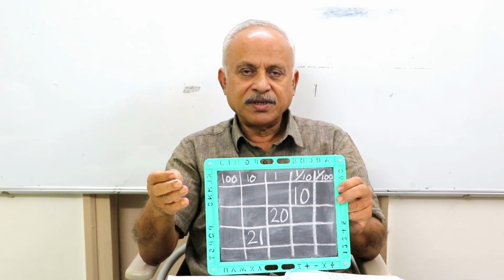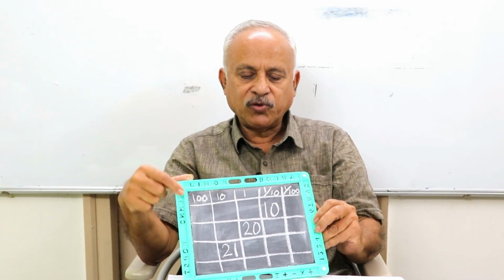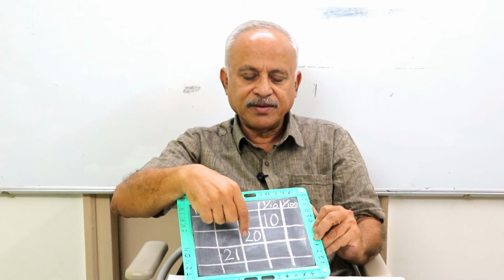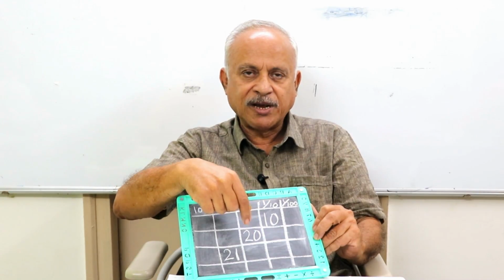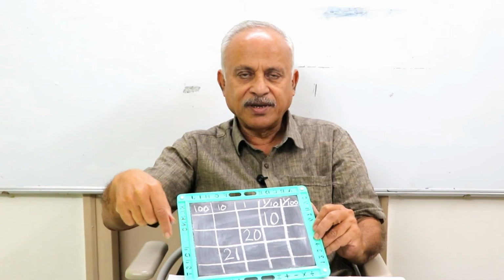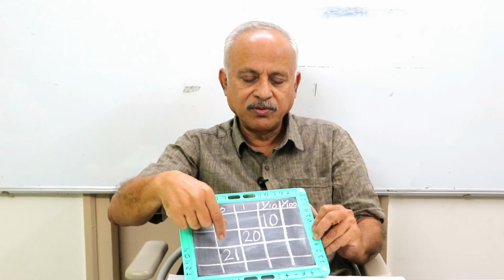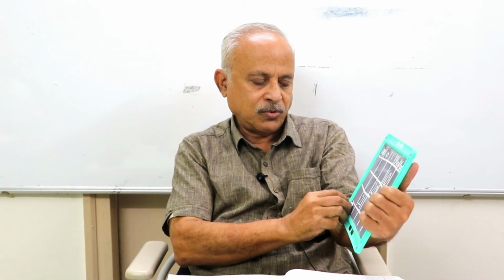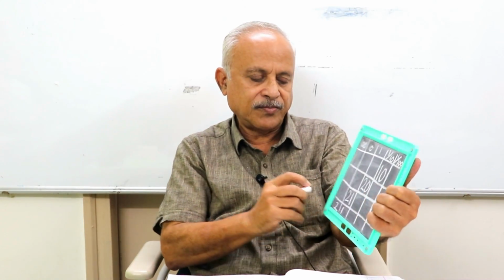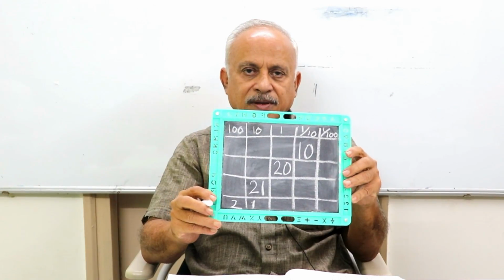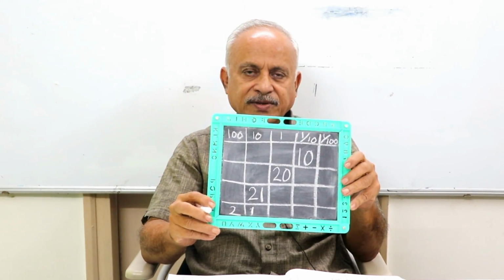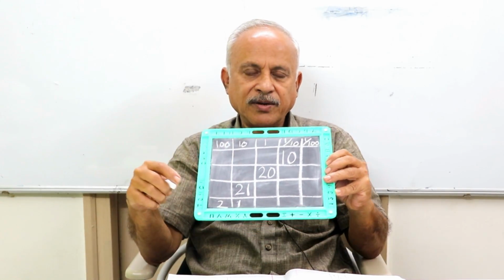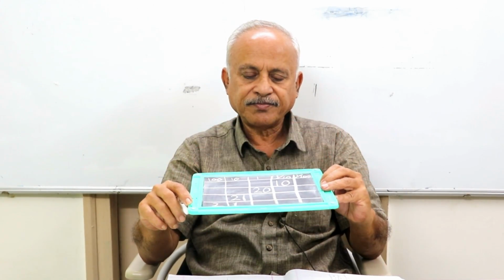We know that when we have 20 in a house, we take 10 of them together, so it becomes 1 in the higher house. So 20 becomes 2. So this 21 becomes 2 in the house of hundreds, and 1 remains in the house of tens.